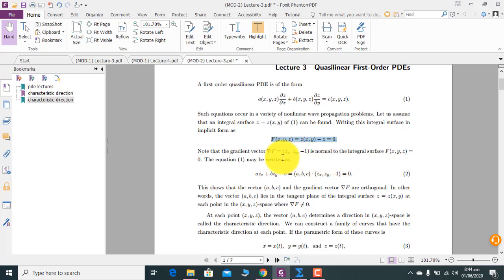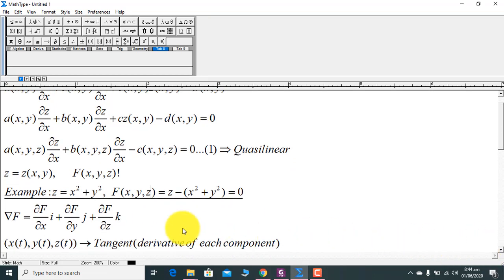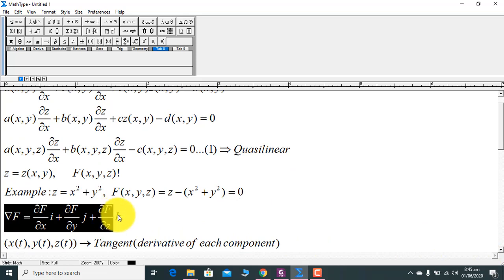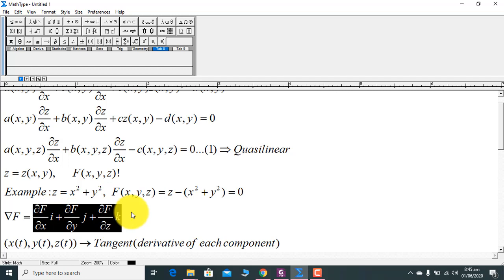To move on, let's define what we mean by gradient. You also know from differential geometry and calculus 3 that the gradient is a vector field which at each corresponding point x, y, z gives you a vector in space, and this is defined as partial f over partial x i, partial f over partial y j, and partial f over partial z k.